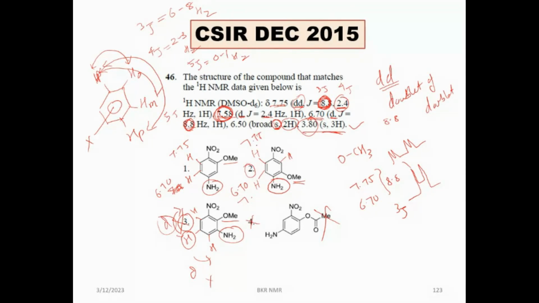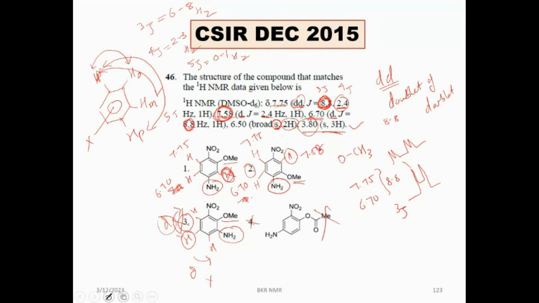Then what is the value of the leftover proton? It should be 7.58. This proton cannot be 7.58 because it is flanked by 2 electron donating groups. So only this can have a value of 7.58. This is how you approach it.